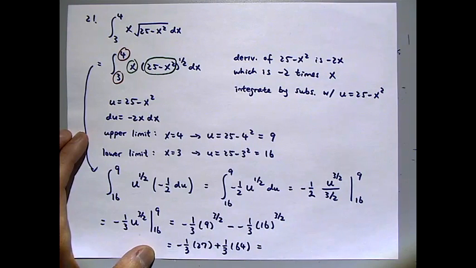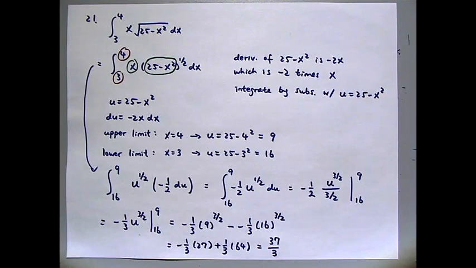So what do we get? We get 37 over 3 or something? Right. Okay, so there it is. Questions?